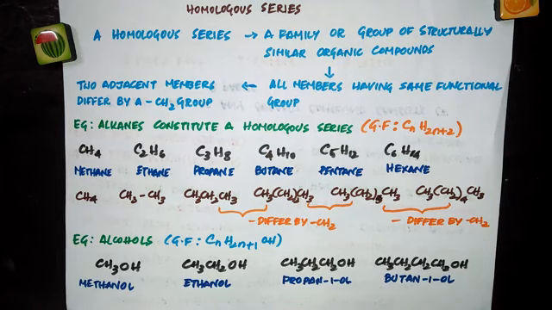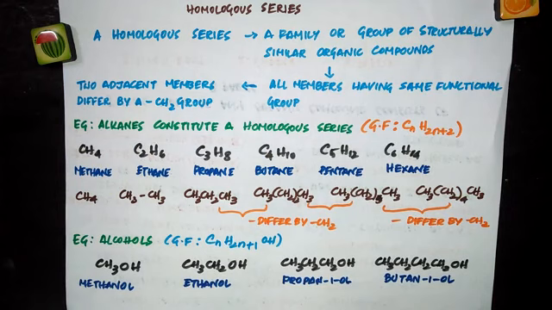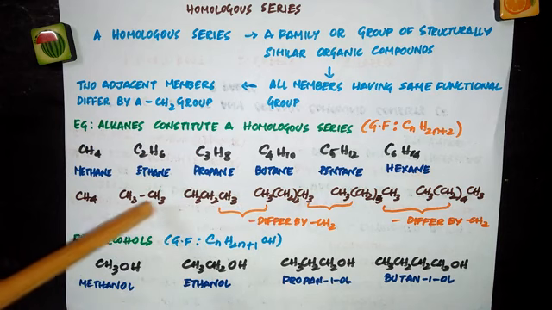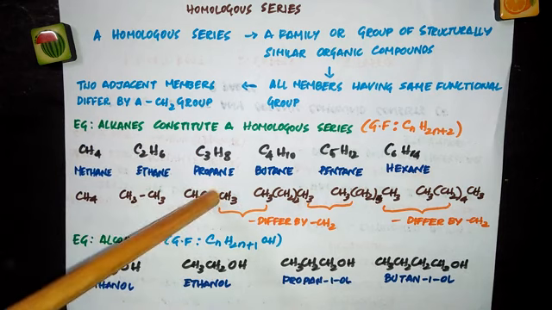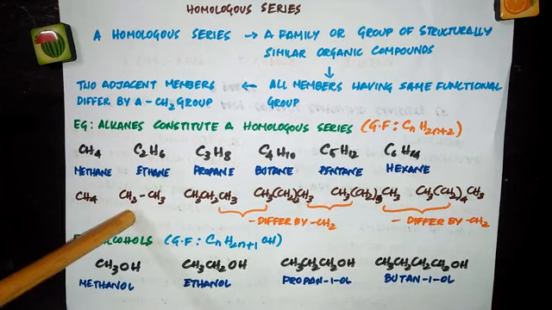One more point I told you: two adjacent members differ by a CH2 group. Now see, this is methane, ethane, CH3-CH3, and coming to propane, CH3-CH2-CH3. What is the difference between these two compounds? A CH2. If you remove this CH2 from propane, you will get ethane.